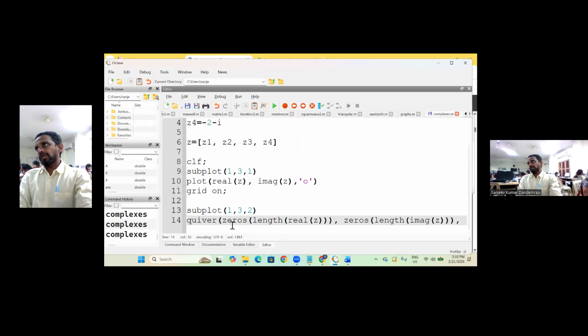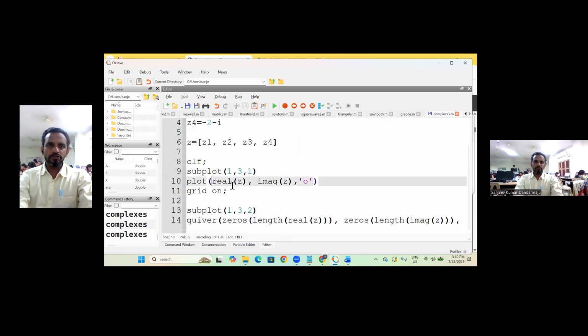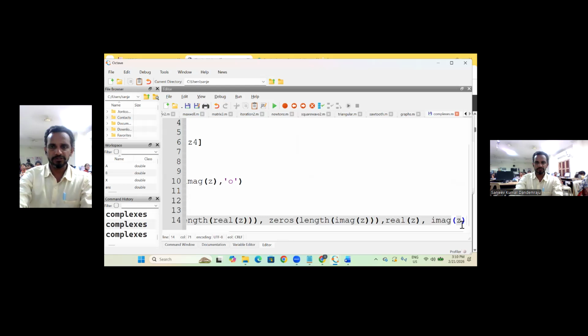Careful about number of brackets. And then I have to give the end points. They are real z and imaginary z. I'm just copy pasting from the previous list.